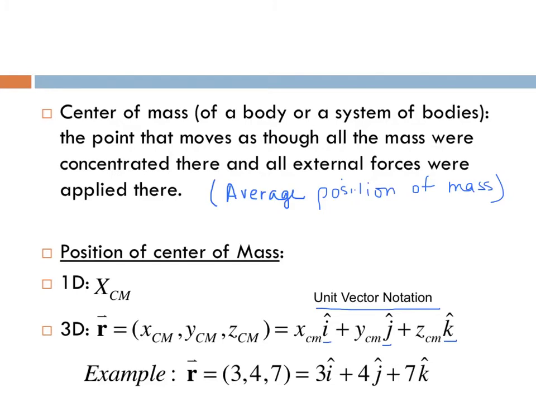Again, the i, j, and k don't actually represent anything. They're just telling you that the values in front of them are going in those directions. So over here, you can see a coordinate system where you would have 3, 4, and 7, and it's telling you that it's going in those 3 different directions. Okay.